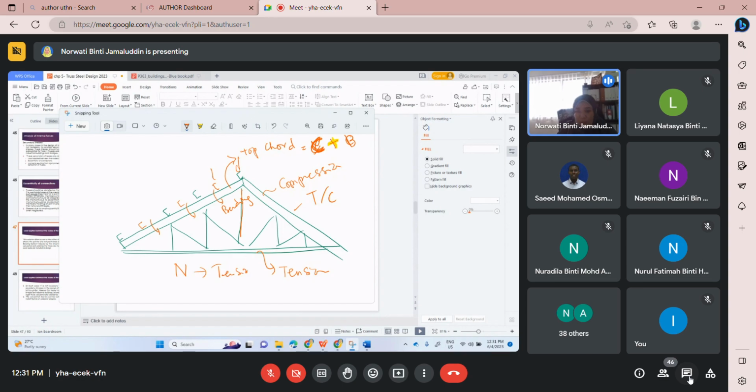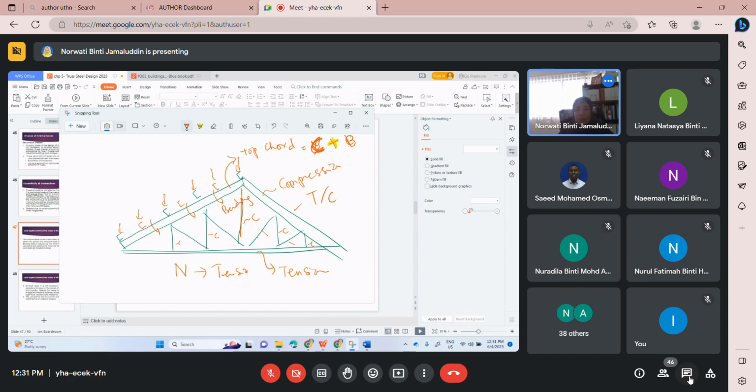This web member is like a strut, like a column, so it will be in compression. Remember, you have load on top. Compression, it's pressed down, logical. But for an inclined member, it can be both. Maybe this member in compression, this one in tension. It can be in two cases.